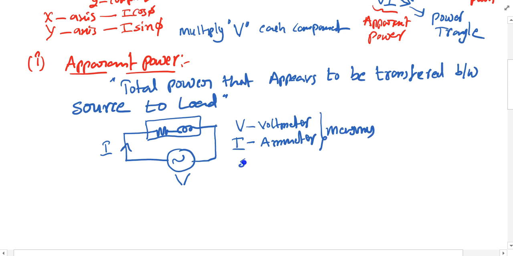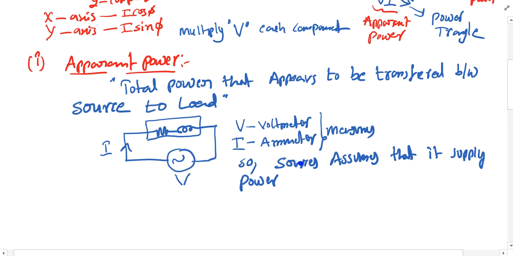So here what happens is my source assumes that it supplies the power. A source supplies the power, that is nothing but V into I. So this is the power which is supplying, that kind of assumption is taken by the source.